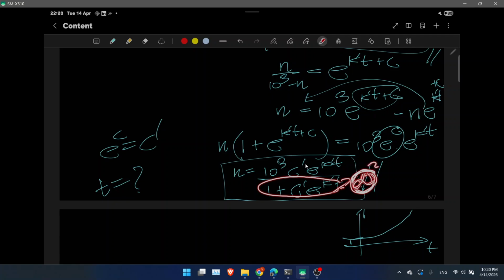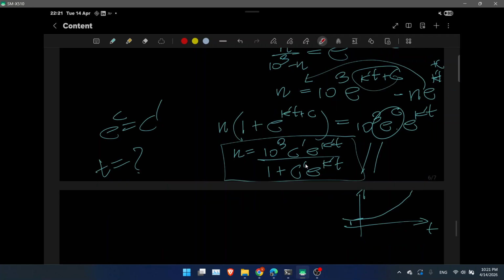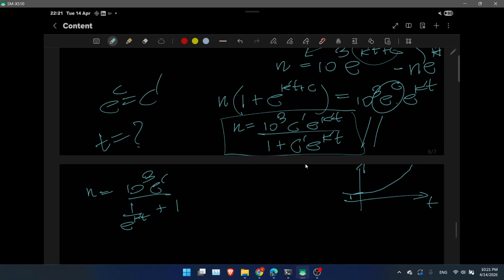When the denominator becomes high, the value... Actually, to see that result, we should further simplify this. If you simplify the numerator and denominator with e to the power k't, we have 1 over e to the power k't plus 1.